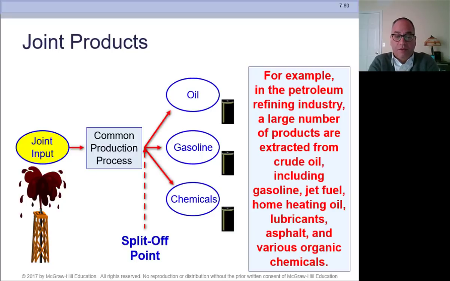So here, this one is talking about crude oil, and you have just crude oil, and that would be split off into oil, gasoline, all different kinds of chemicals, asphalt, plastic, all kinds of different things. And where that's done, which would be in an oil refinery, is called the split-off point.